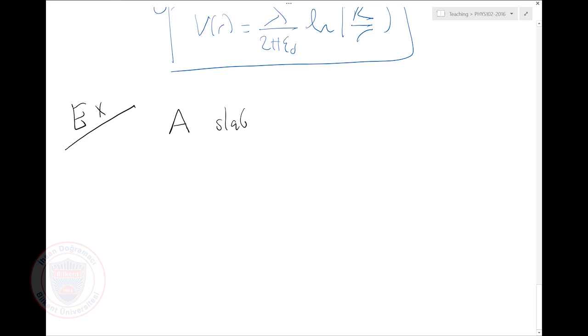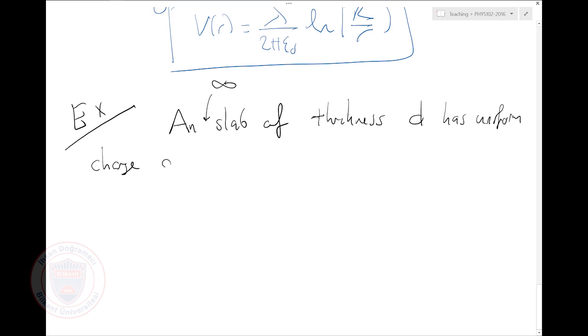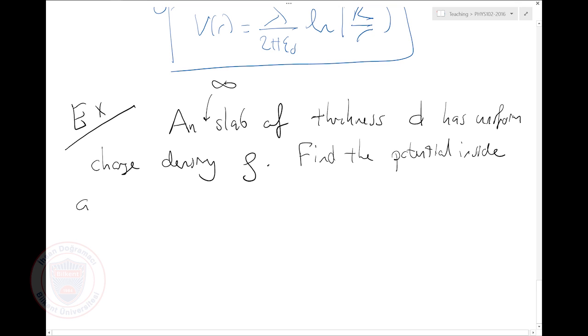A slab of thickness d, let's say an infinite slab of thickness d, has uniform charge density rho. Find the potential inside and outside this slab.